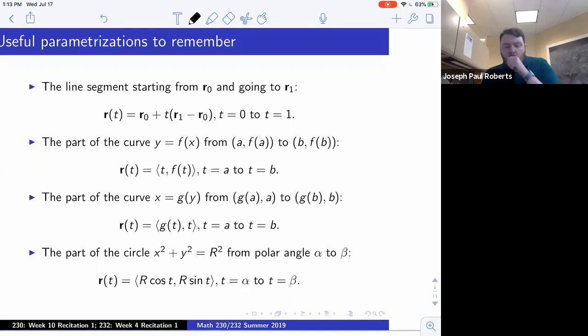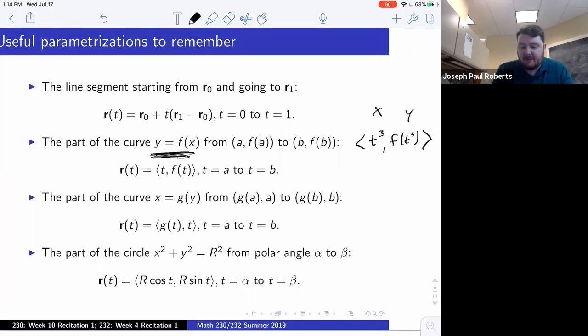Okay, and then not all curves that we're going to be dealing with are line segments. So you might have to trace out the curve y equals f of x. And so again, there's infinitely many different ways you could do this. If you wanted to get complicated, you could do t cubed, f of t cubed. You could do t to the 5th, comma f of t to the 5th. All that's important is that your components x and y satisfy that y is f of x.